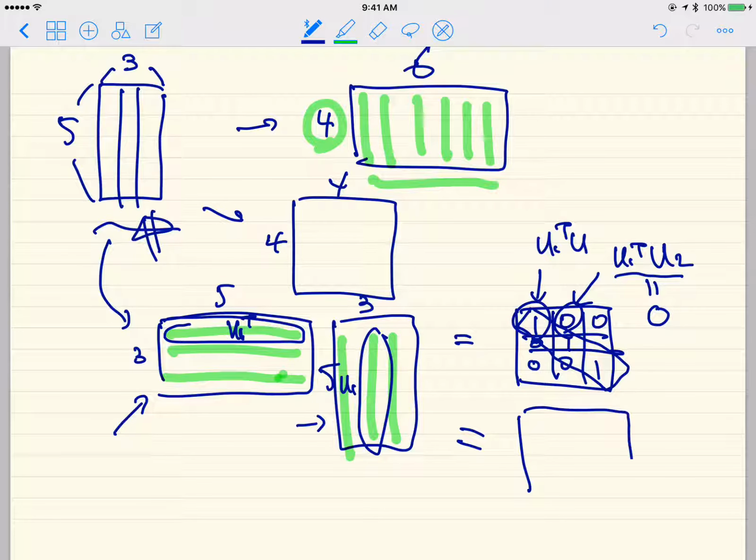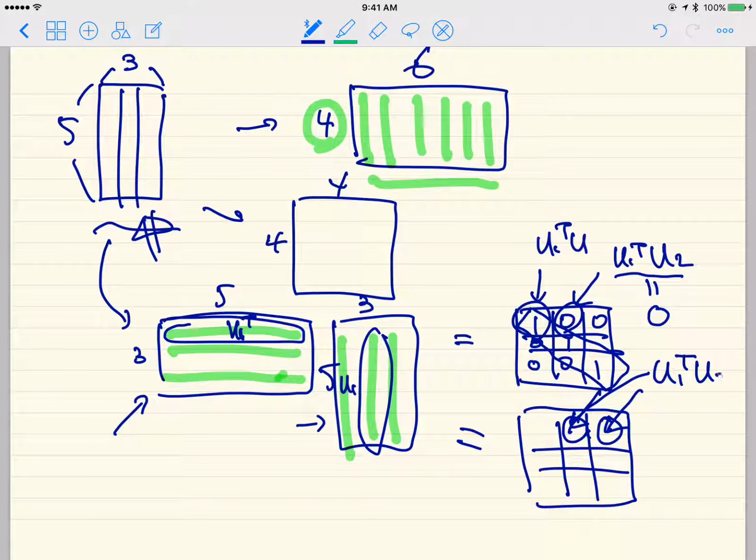Still in this case, we will have a 3 by 3 matrix. What will be these off-diagonal elements? They will still be 0, because they are the inner product between different vectors, and orthogonal vectors give 0 inner product.